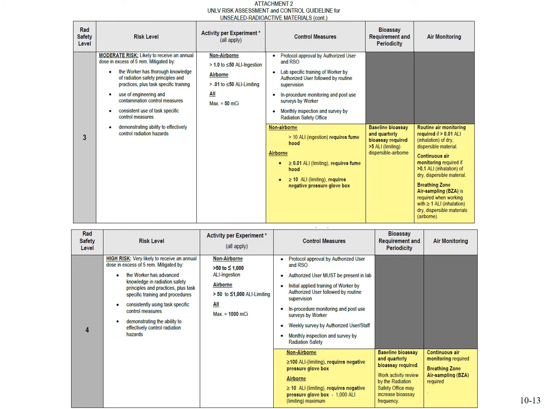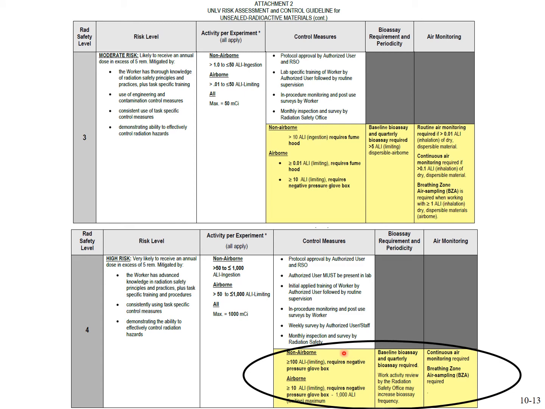Rad level 3, we can go well above an ALI. It's broken into airborne or non-airborne, and if we're using airborne or non-airborne, we have certain requirements such as using a fume hood or a negative pressure glove box. And then for rad level 4, the levels are even higher.